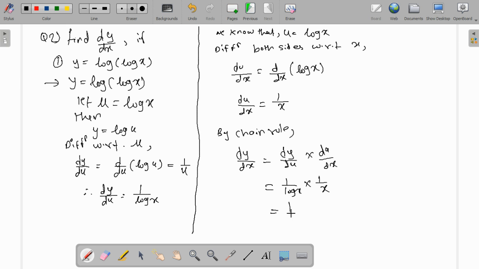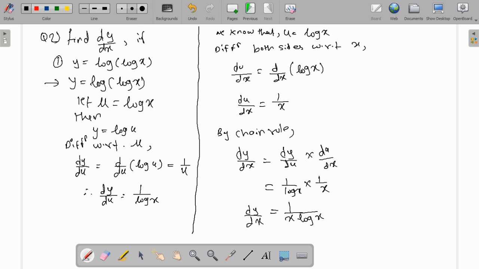So the answer is 1 upon x log x. This is your answer, this is your dy by dx, right? So we are just continuing finding the derivative of the composite function, and this is how you do it. You assume the composite part to be some variable, in this case we assume it as u, and then we find dy by du, and then we find du by dx, right?